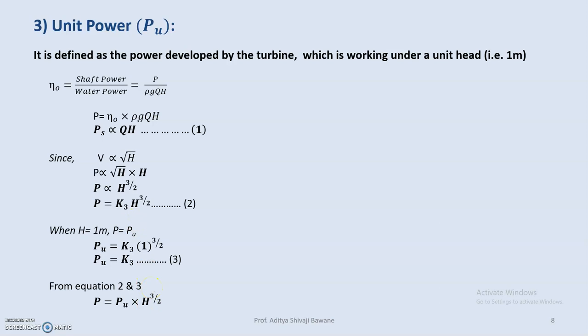The final equation becomes Pu equal to P by H raised to 3 by 2. If you have multiple powers and variable heads, you can rewrite it as unit power equal to P1 by H1 raised to 3 by 2, equal to P2 by H2 raised to 3 by 2, equal to P3 by H3 raised to 3 by 2. If you have this value, you can calculate the other values.